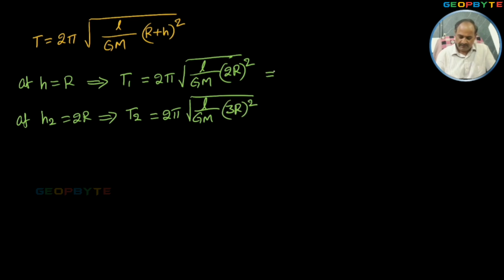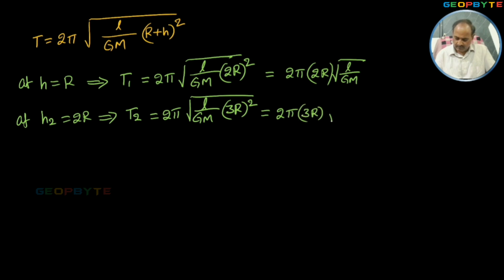So T1 can be written as 2 pi into 2R into root under L by Gm. Similarly, T2 equal to 2 pi into 3R into root under L by Gm.